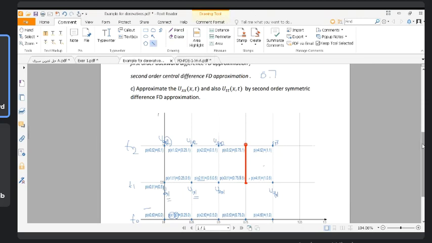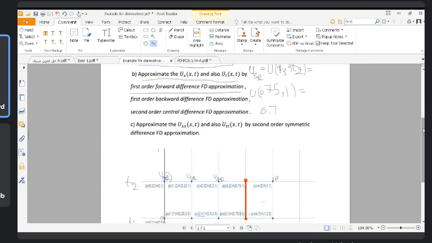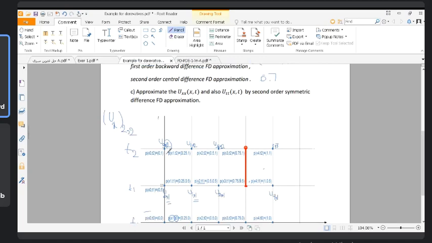Okay. Suppose that you want to approximate U with respect to X, not U with respect to T, at 2 and 2. It means I want the derivative of U with respect to X at 2 and 2.